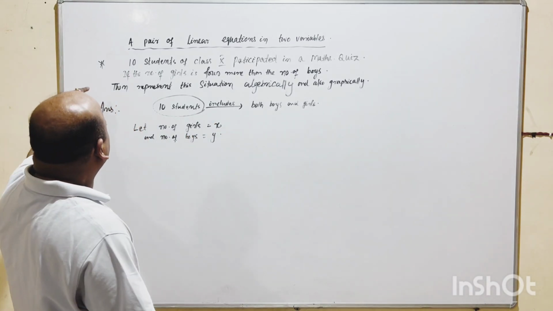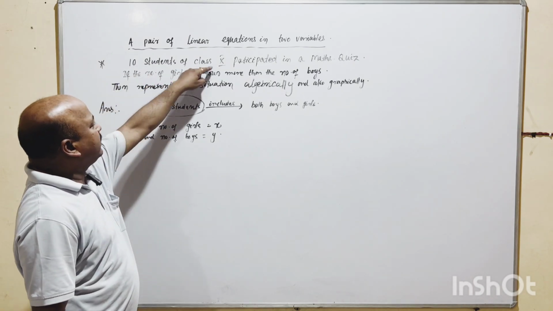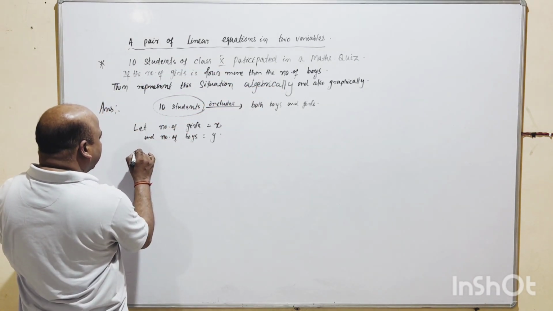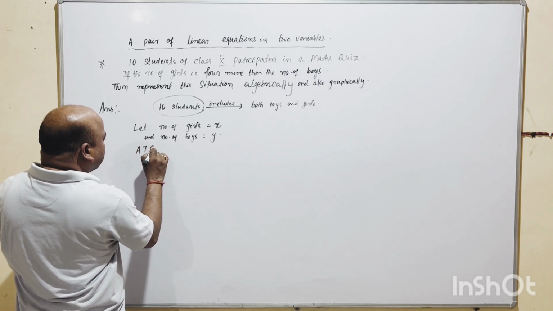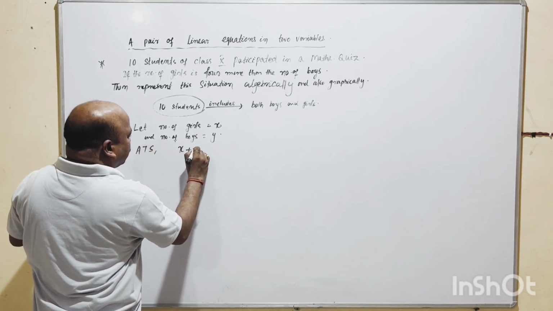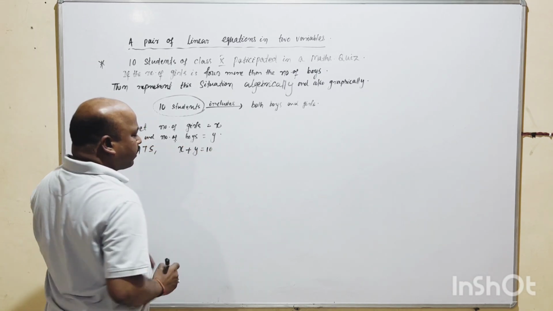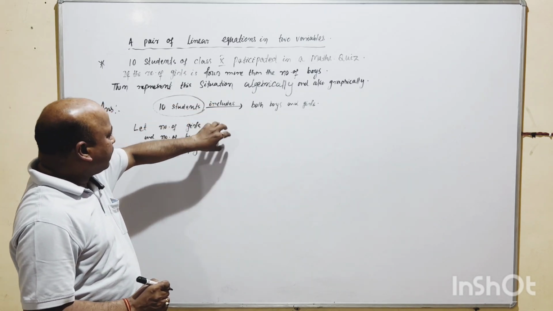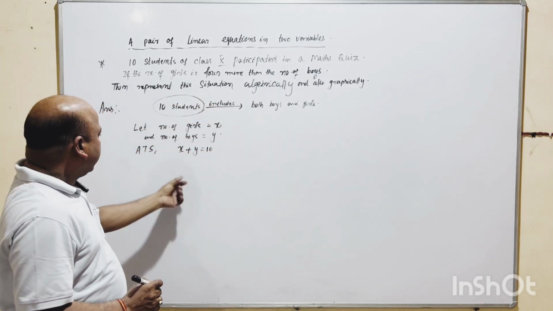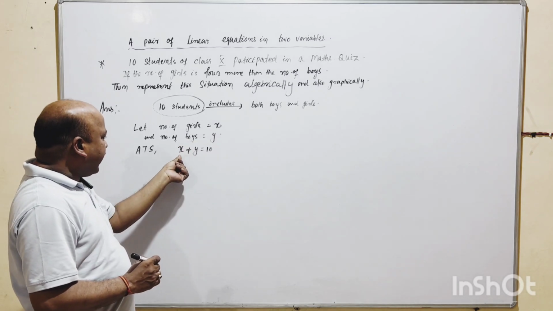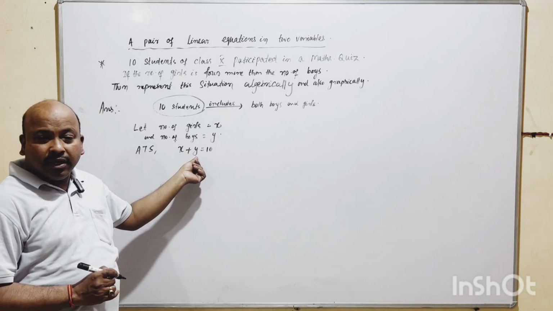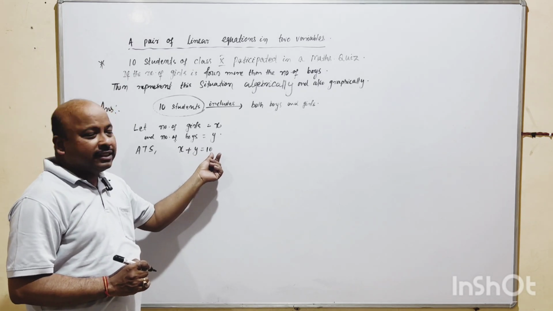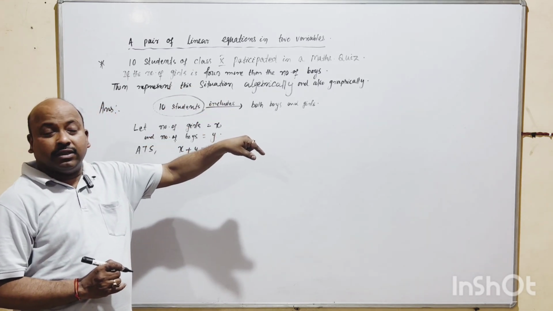So again, the situation: 10 students of class 10 participated in a mathematics quiz. So according to the situation, x plus y equals 10, because both the girls and boys participated. The number of girls is x and the number of boys is y. So x plus y is equal to 10, as 10 students participated in the quiz.